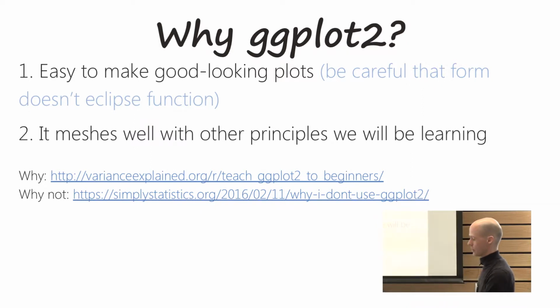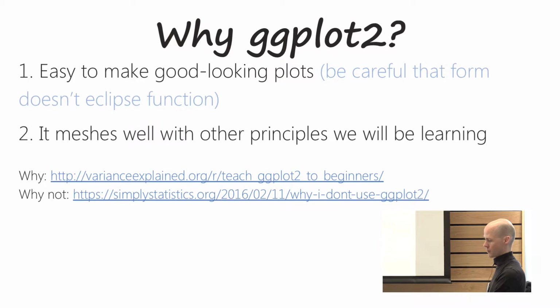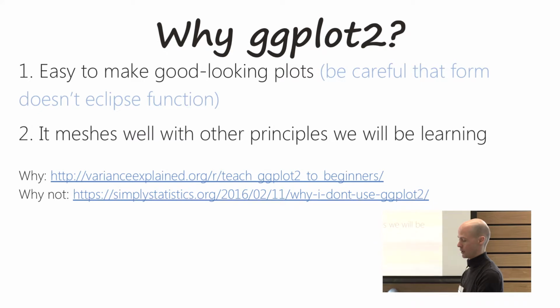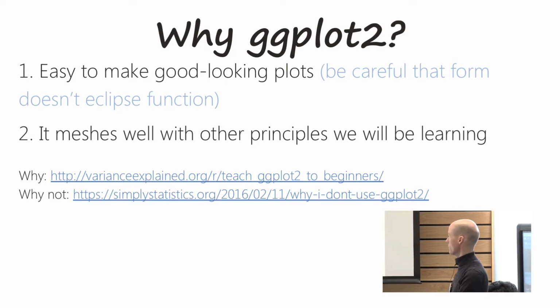One of the criticisms is that it's very easy to make medium quality plots, but in order to make high quality plots, you do have to go to some extra work and not rely on the first plot that comes out, even though it might look quite reasonable. Yes, it takes a little bit more work, and you should perhaps refer to the R for Data Science book to give you all the options, because we won't be able to cover all of them now, but we should be able to produce some nice looking plots and show you what's possible.